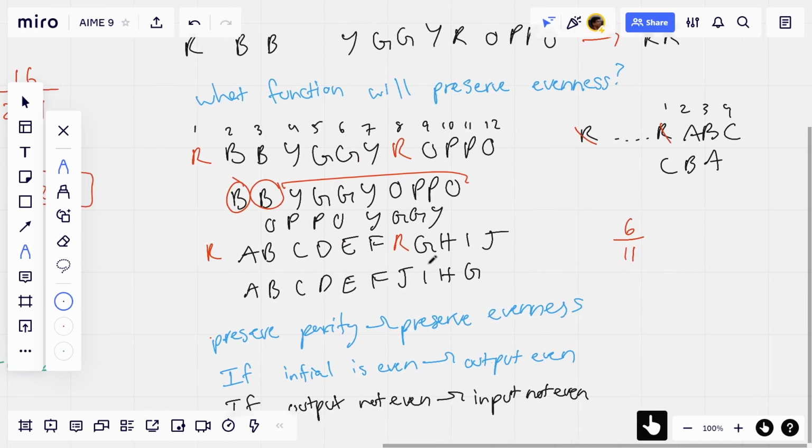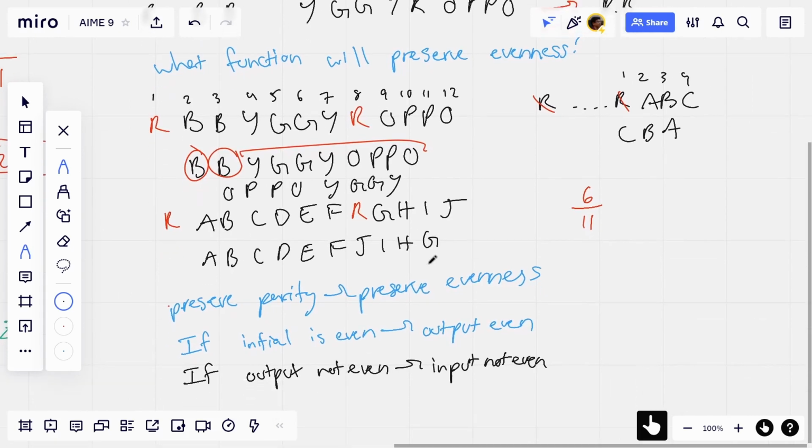And if B abides by the even rule, my removal and flipping function will preserve evenness. And if B does not abide by the even rule, then by parity my entire sequence cannot be even.